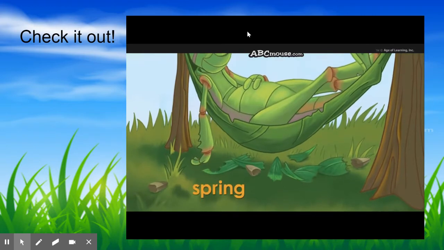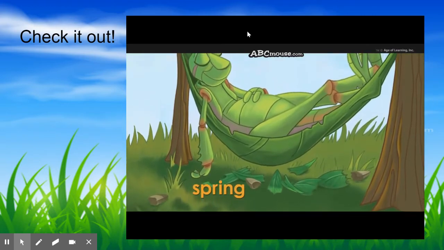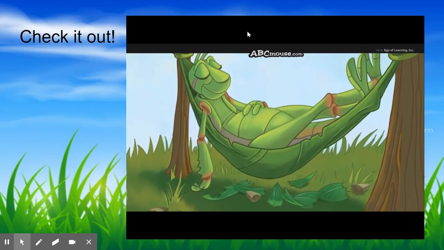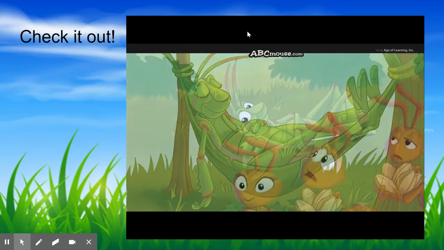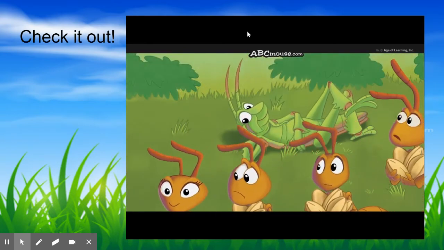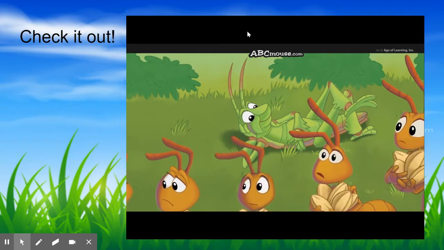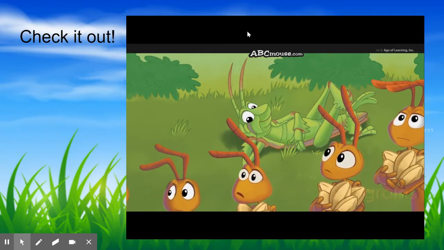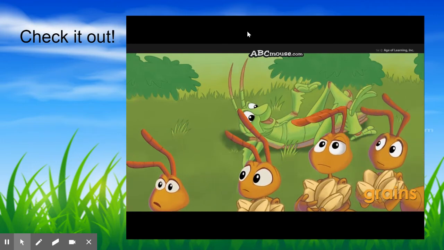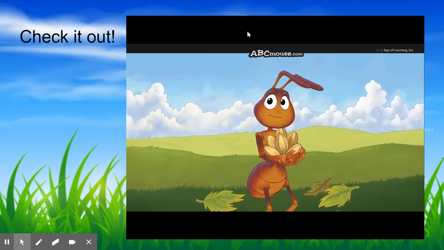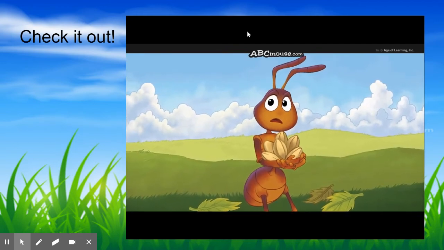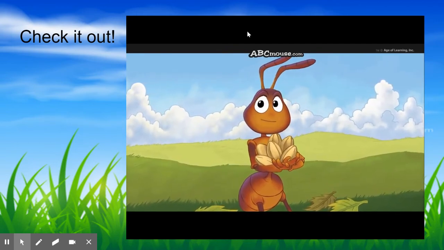All through the spring, the grasshopper did nothing except eat and sleep and play. He became quite fat. One day, during the summer, the grasshopper saw the long line of ants again. They were all carrying grains of wheat. "Where are you going with all that wheat?" the grasshopper asked. "We are taking it to our nest to save for winter," said one of the ants.